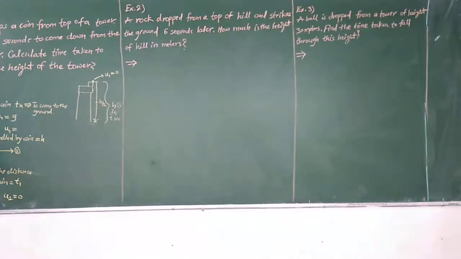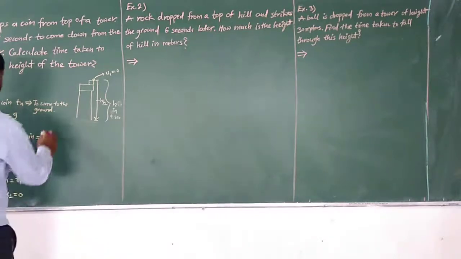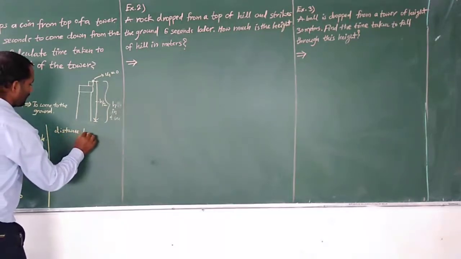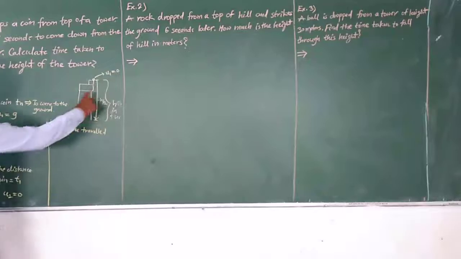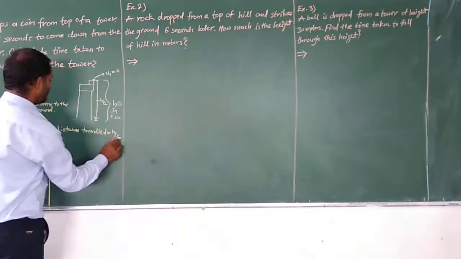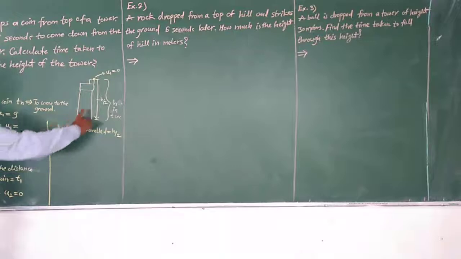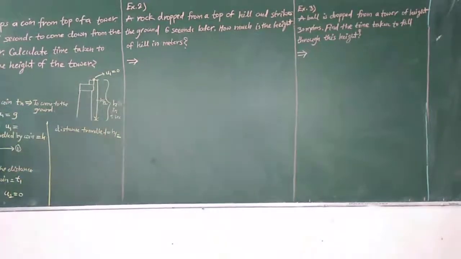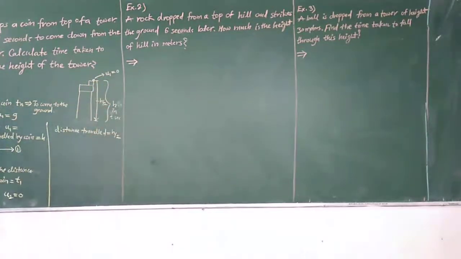The distance traveled here is h by 2. So in case 1 we are finding the equation for time taken by coin to come to the ground, and in case 2 we are finding time taken to come to half of the distance, right?